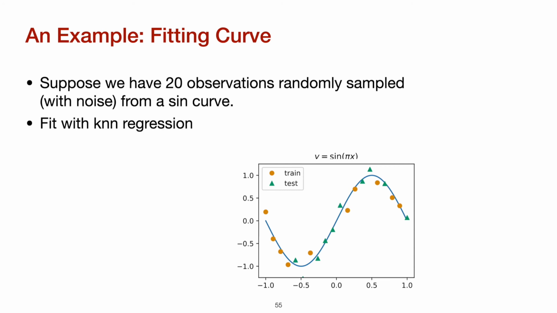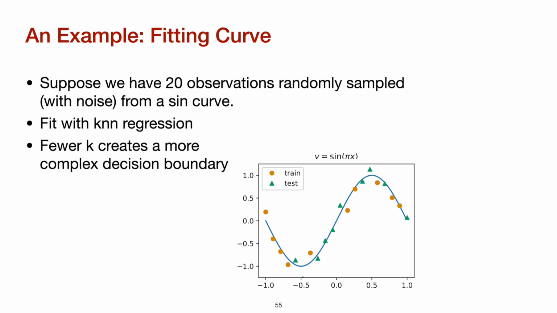And we can fit this model with a k-nearest neighbors regression, and remember that the lower our k value, the more complex the decision boundary. You might think that lower k values and higher complexity is a little bit unintuitive, but remember, in the context of KNN, what we're doing is maintaining individual parameters for every single data point in our data set.